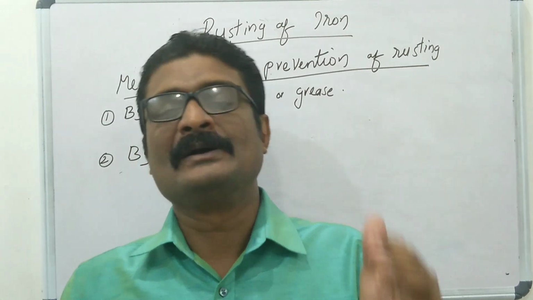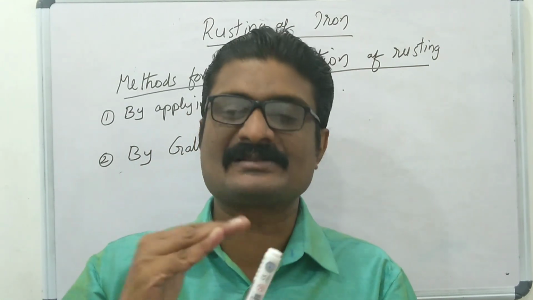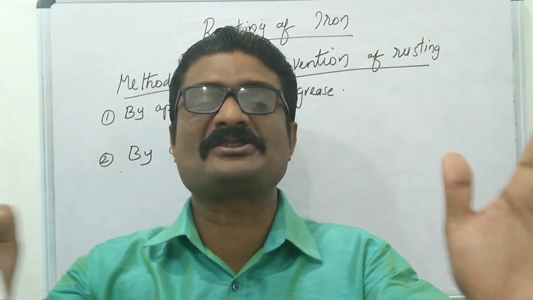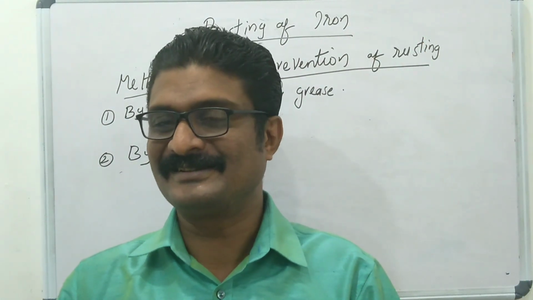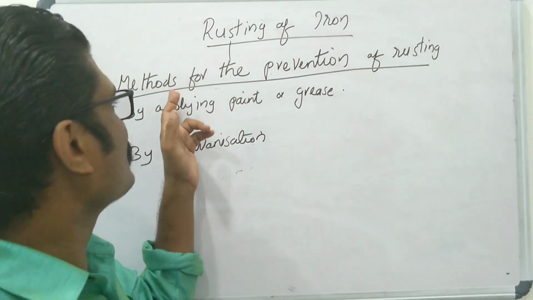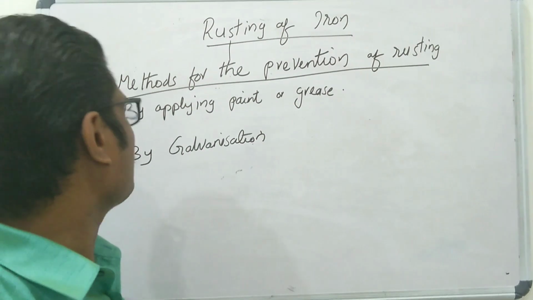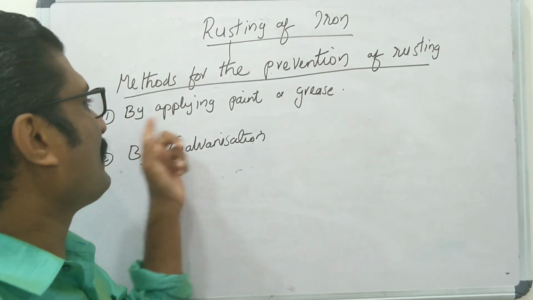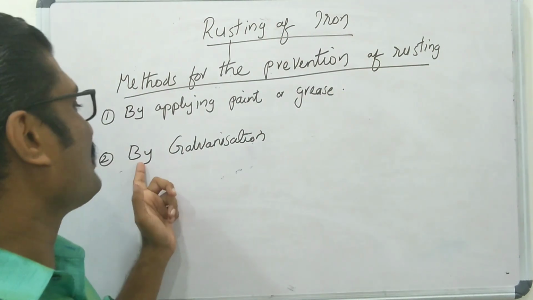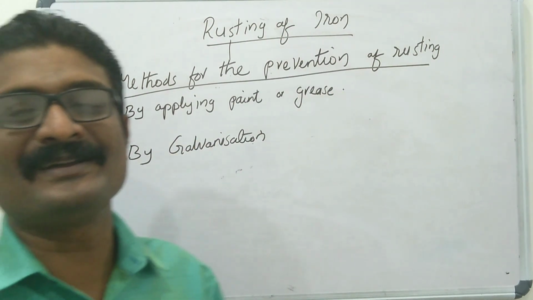The brown powdery material formed on the surface of an iron object is called rust, and this rust is nothing but iron oxide. The common methods used for the prevention of rusting: number one, by applying paint or grease on the surface of iron object, and number two, by galvanization.